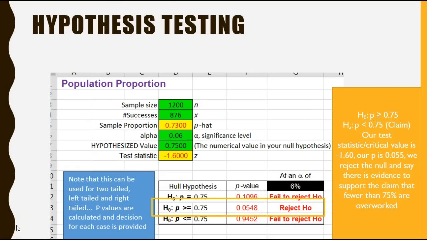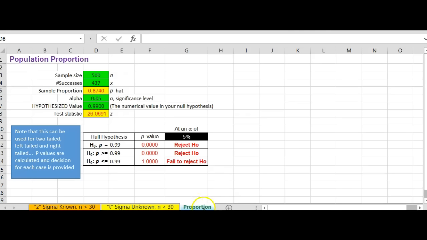Let me show you a couple of things. Again, this is a population proportion hypothesis test. I want to click the proportion tab. The sample size on this one was 1200. For the number of successes, I could have just as easily said, okay, they said 73%, so in this cell I could have typed equals 0.73 times, remember an asterisk is times in Excel, times 1200.